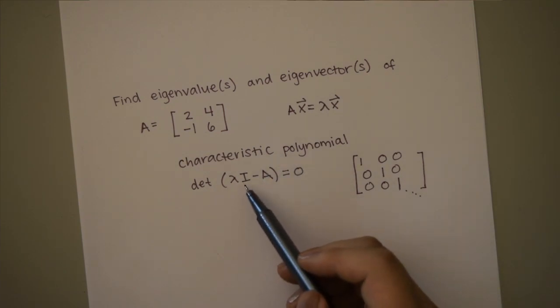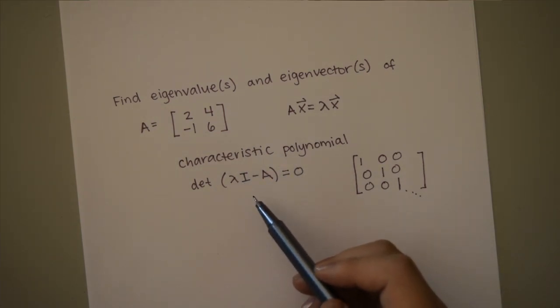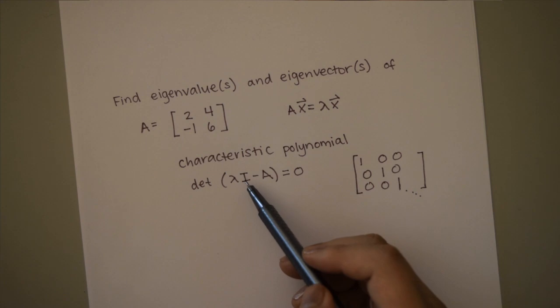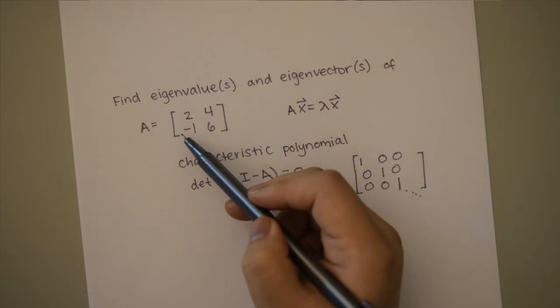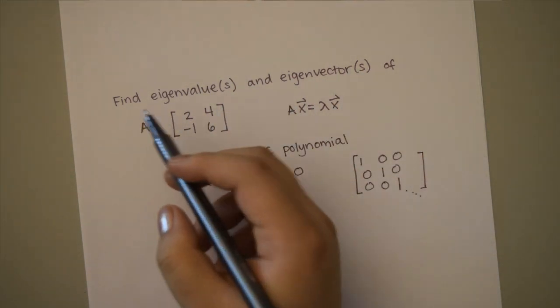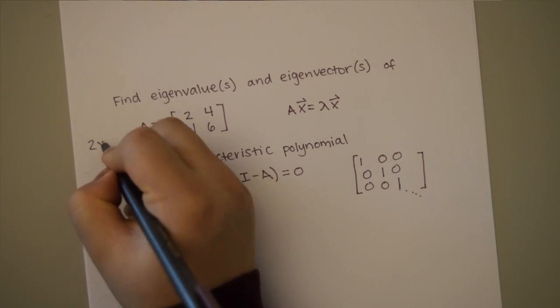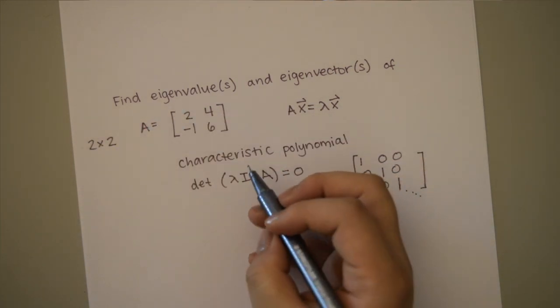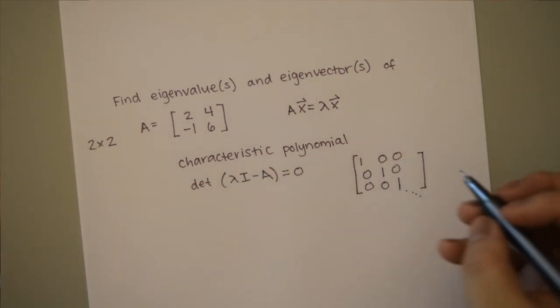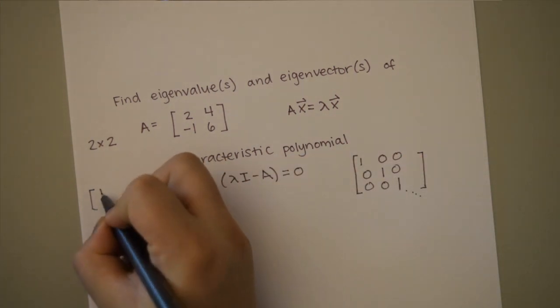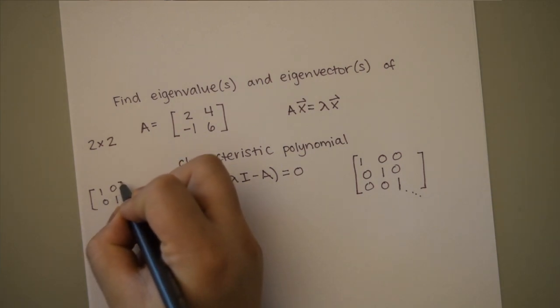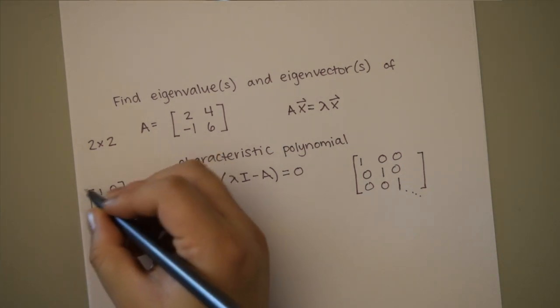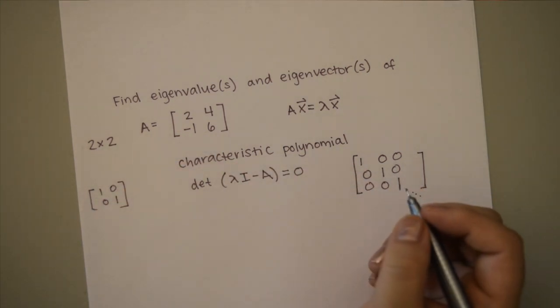So the I is going to be based on the size of your matrix A. So in this case, this is our 2 by 2 matrix. So our I only needs to be I2, which is just going to look like 1, 0, 0, 1, with the 1s in the diagonal and zeros everywhere else.